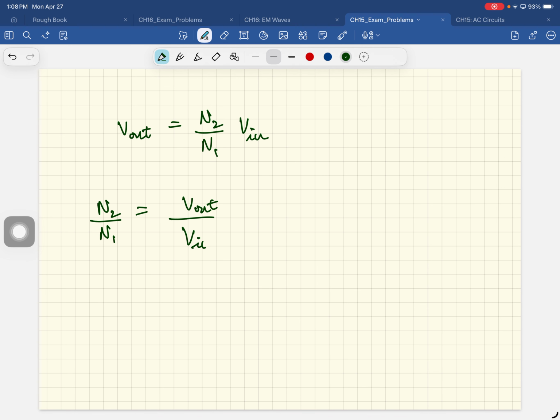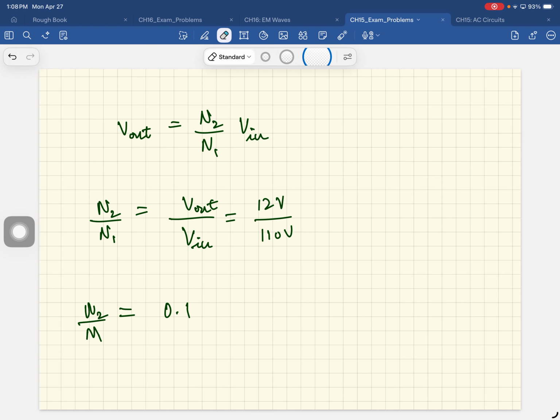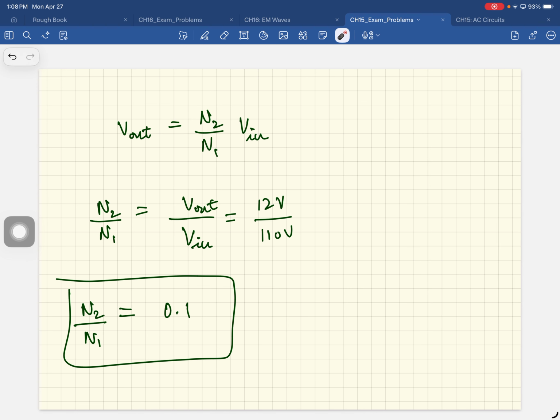Output voltage was 12 volts, input voltage was 110. Okay, so what this says is for every 10 turns in the primary coil, there's 1 turn in the secondary coil.